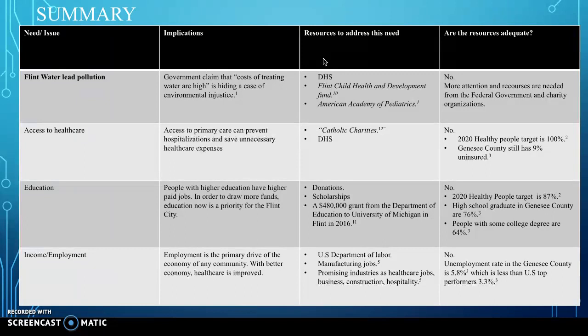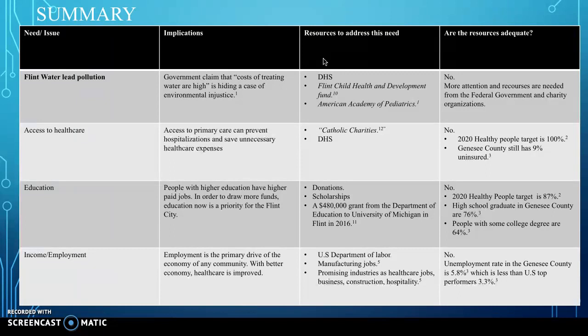That's the most recent thing that happened for the education fund. Are those resources adequate? No. In 2020, the Healthy People target is 87%, and as we talked about before, high school graduates are 76% and people with some college degree are 64%.